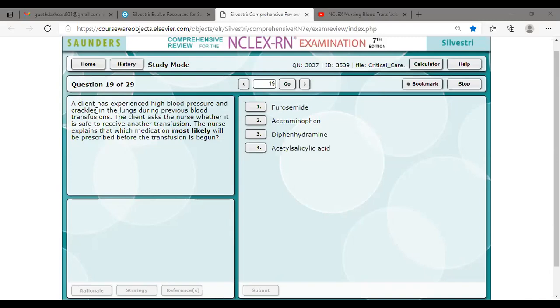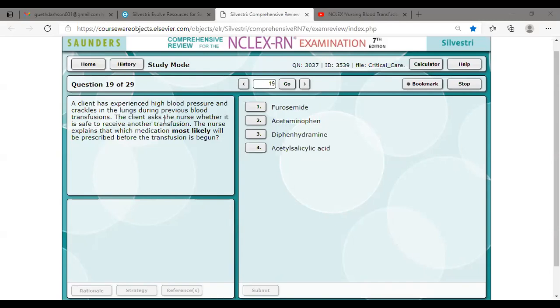When you give blood, a fluid, I have a chance to develop fluid overload. So crackles or added lung sounds are an indicator of fluid overload. It is preventable. The client asks the nurse whether it is safe to receive another transfusion.